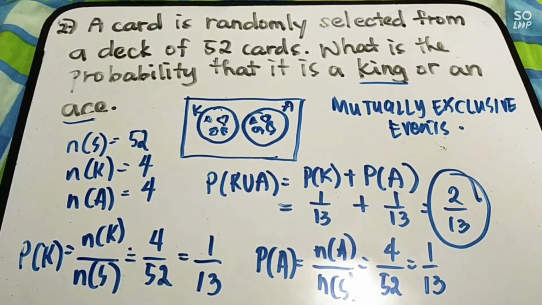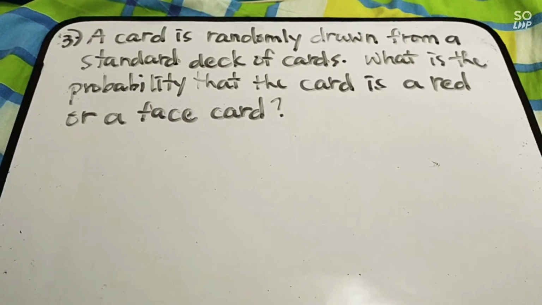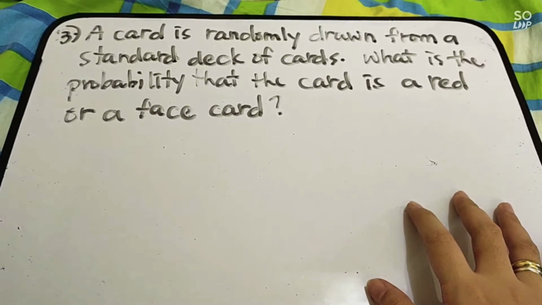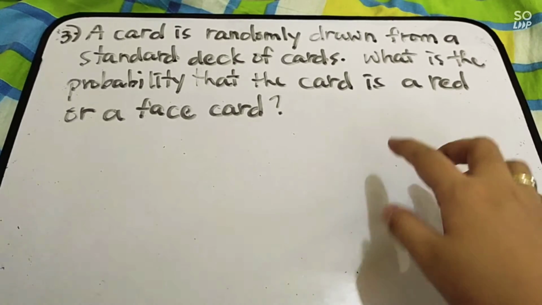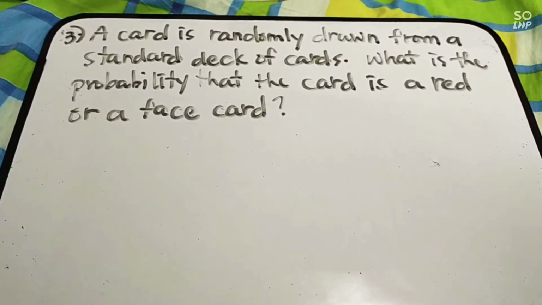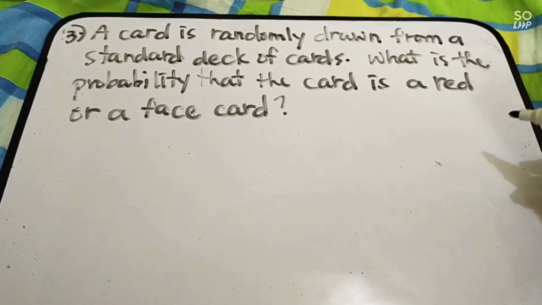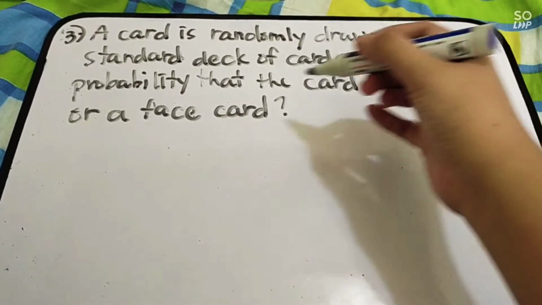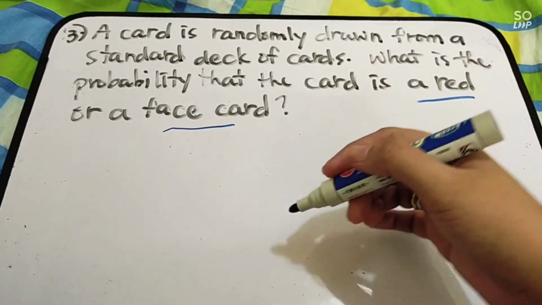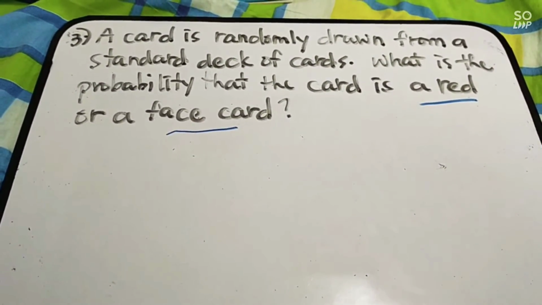Okay? Next example tayo. Number 3. A card is randomly drawn from a standard deck of cards. What is the probability that the card is a red or a face card? So, this one is union of two events ulit, which is a red card and a face card. Now, let us see kung meron silang intersection.